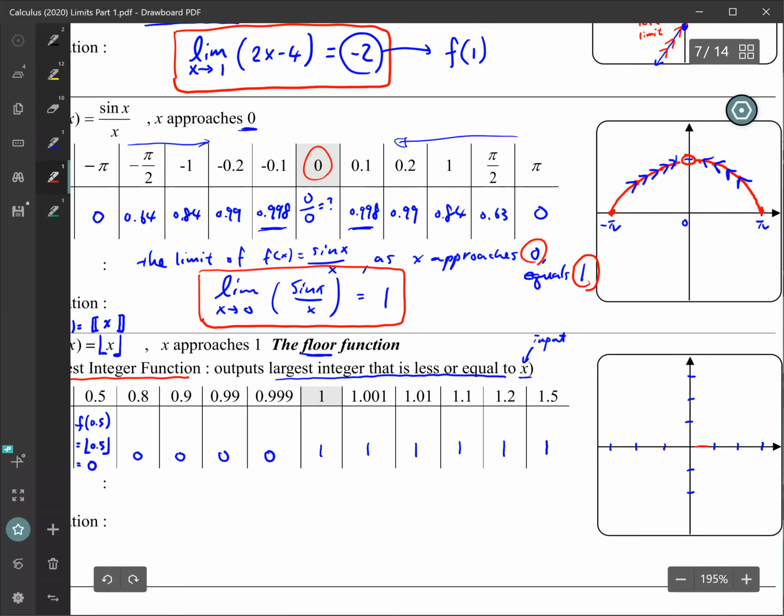If x becomes 1, it jumps up to 1, right? 1.001 will be 1. When x equals 2, it will jump up to 2 again.